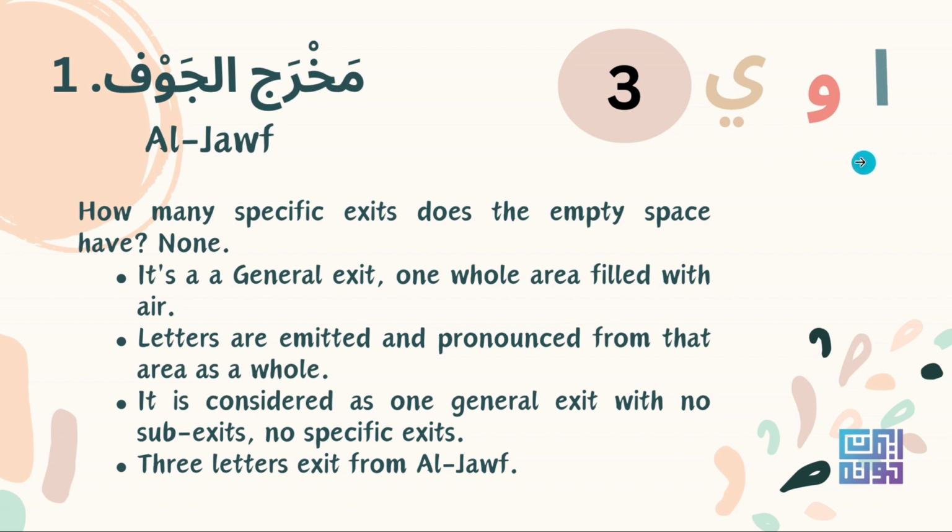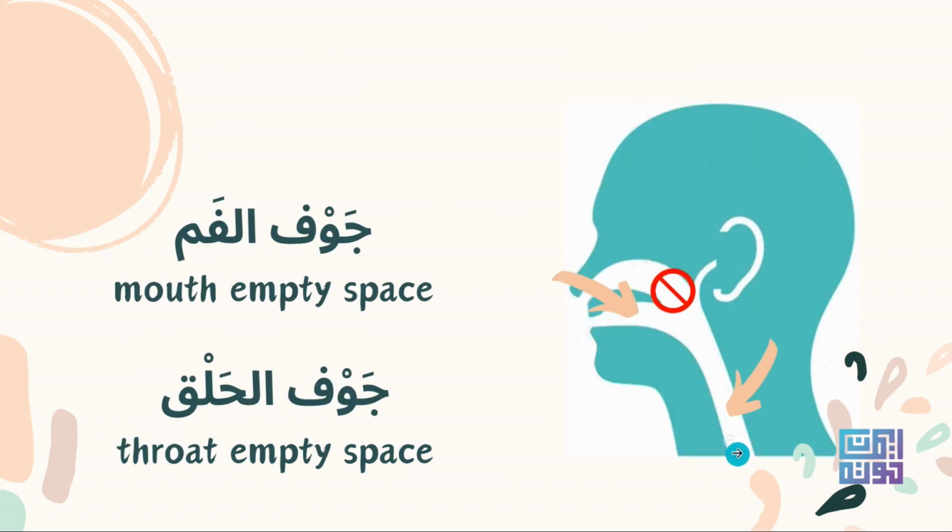These three letters are pronounced from al-jawf, and it's not pronounced from any specific place. It's pronounced from this whole part. When we say, for example, let us pronounce the alif, we say ba, the alif flows through this area.